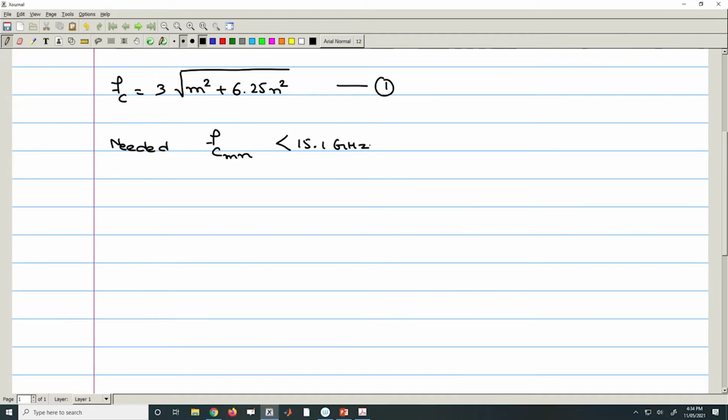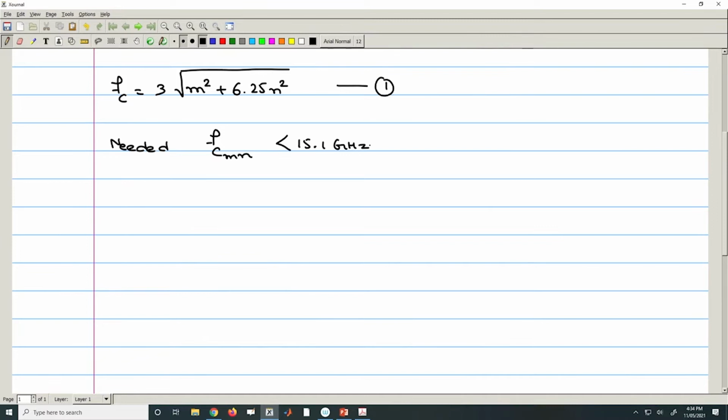Now a systematic way of doing this is to fix m or n and then increase the other until f_c,mn is greater than 15.1 gigahertz. Okay. So what we will do, we will first fix m and then we will fix n.